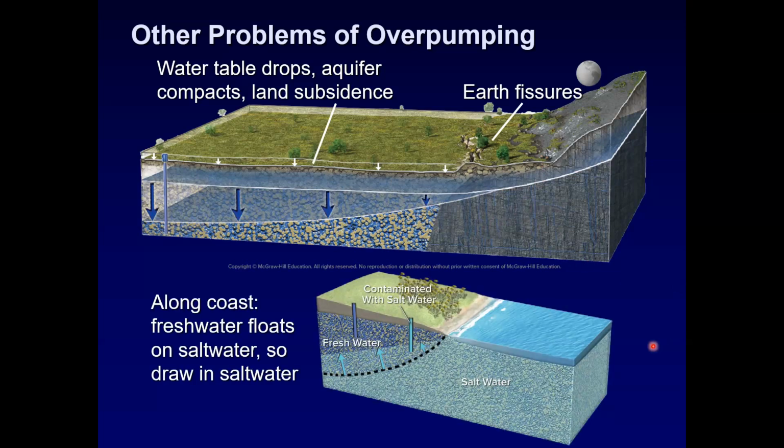Along a coast, fresh water floats on salt water. So if you overpump an area like this, you remove the fresh water too fast, salt water can come in and contaminate that aquifer.